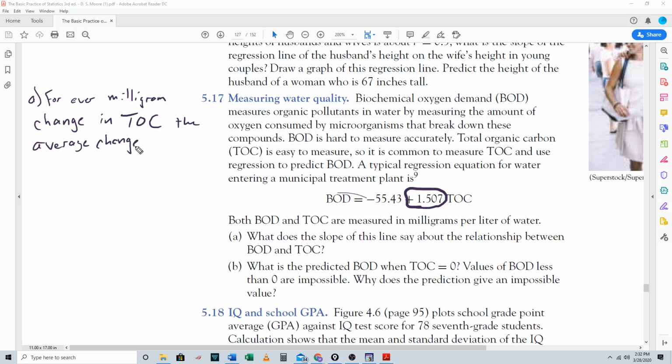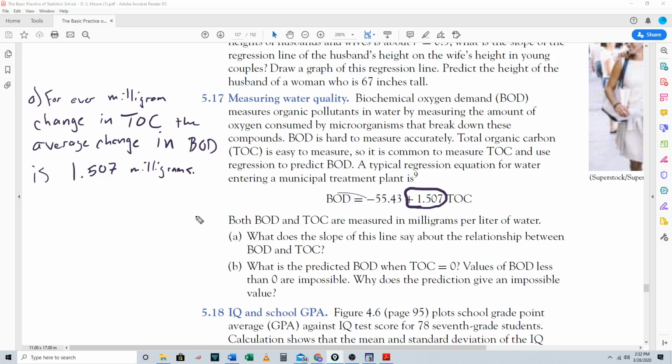That's what slope is. Remember, slope is rate of change. So for every change in one, there should be a change in the other. Okay, so for every unit change or milligram change in TOC, the average change in BOD, which is biochemical oxygen demand, is 1.507 milligrams. Because again, we just use what unit of measurement they're given, which is milligrams.